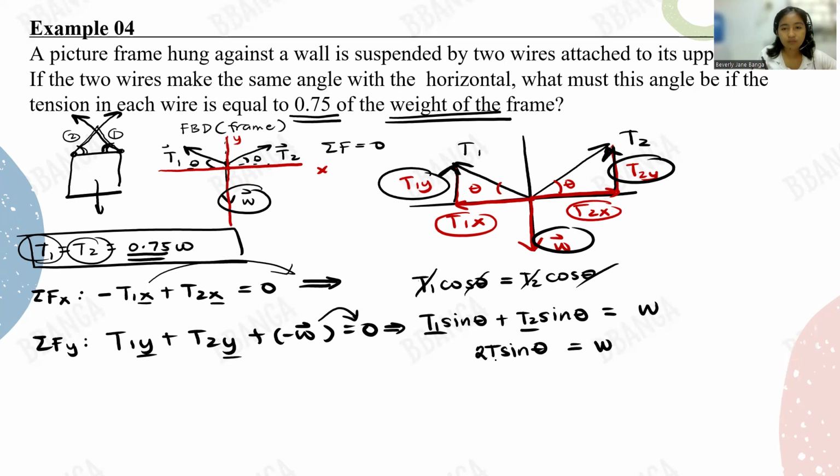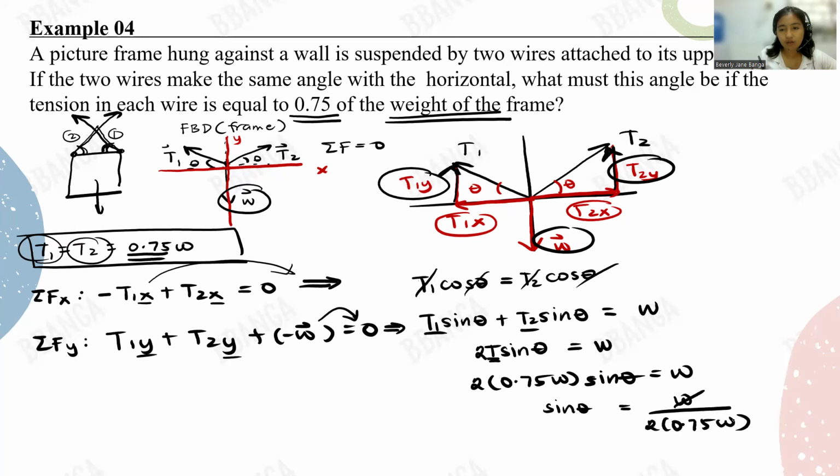And yung T, alam natin as 0.75. So, meron kang 2 times 0.75 weight times sin theta is equal to weight. So, meron tayong sin theta is equal to weight over 2 times 0.75 weight. So, cancel. We get theta is sine inverse. Na mag-arc sine tayo. Sine inverse ng 1 over 2 times 0.75.